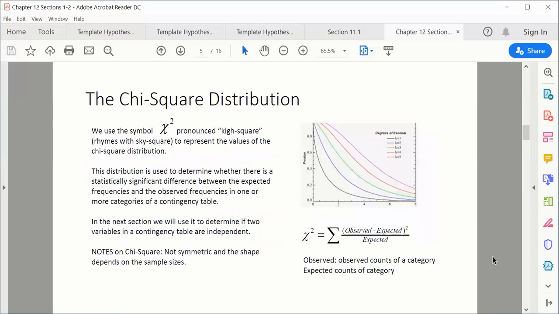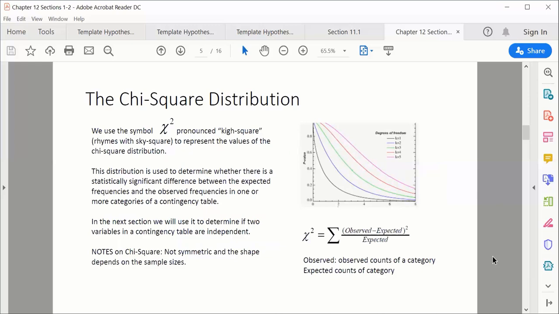So a little bit about the chi-square distribution, and I mean a little bit. It's not much you need to understand about it. That letter chi is another Greek letter, and this is called chi-square, and it rhymes with sky square to help people read it from a book. It represents the values of the chi-square distribution.